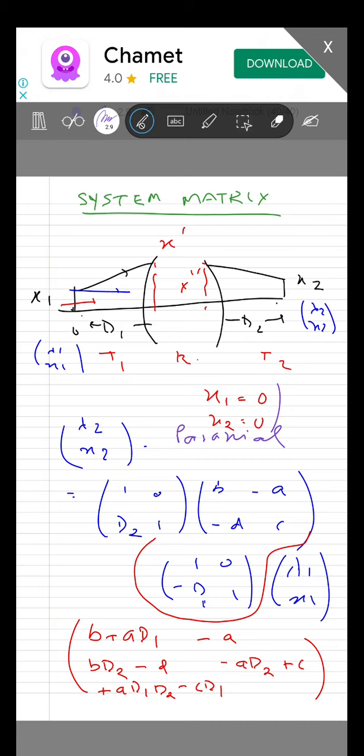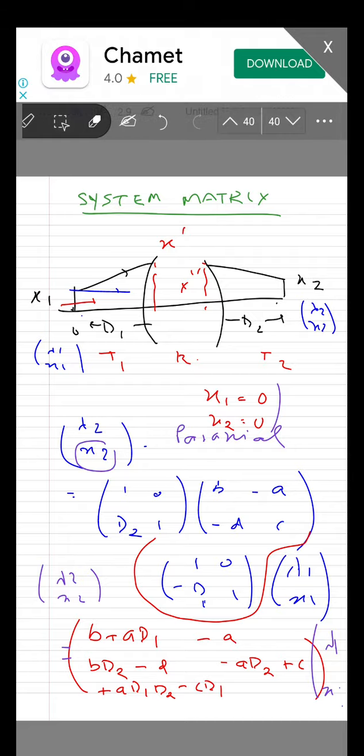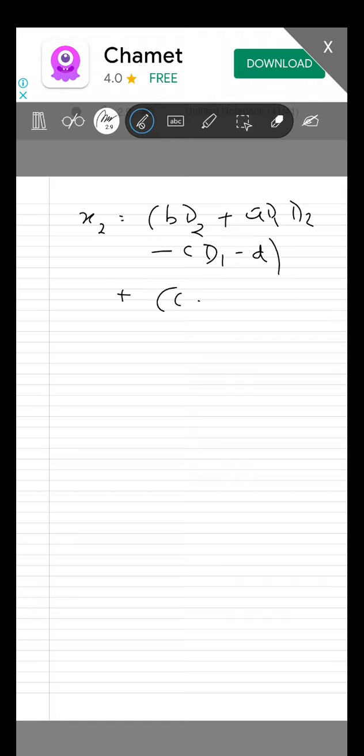So the equation that we get considering x2 only, here it is x2 lambda 2 is equal to this matrix into x1 lambda 1, and from this matrix we can see that x2 is equal to b d2 plus a d1 d2 minus c d1 minus d, plus c minus a d2 into x1.